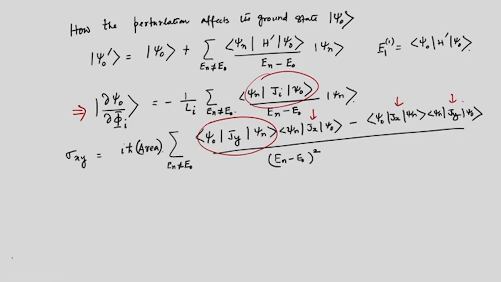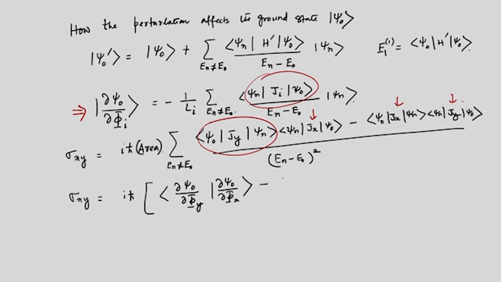Okay. So, that tells you that my sigma x y can be written as I h cross, which is there, and then of course, there is a del psi 0 del phi y because of this j y, then a del psi 0 del phi x, now it is j x because of this j x term, and each one of them is bringing along E n minus E 0.